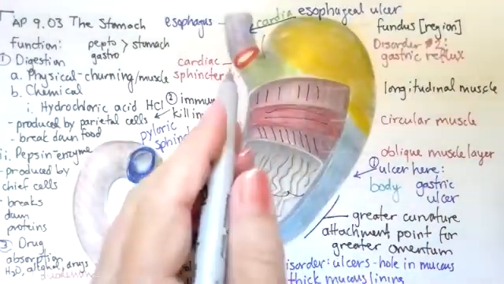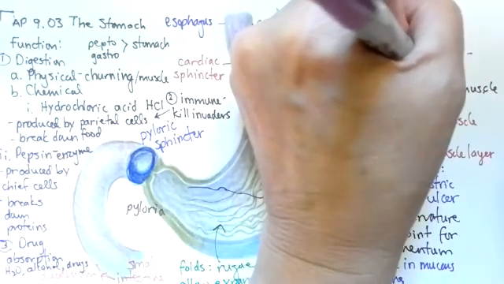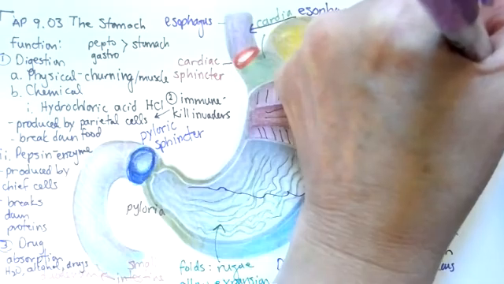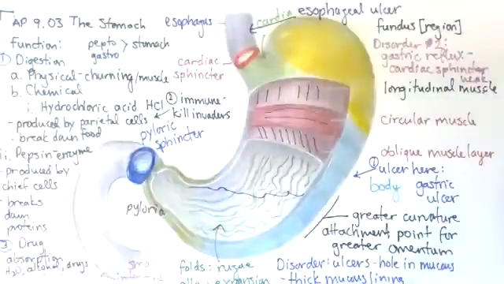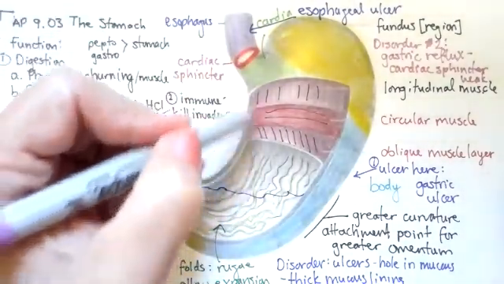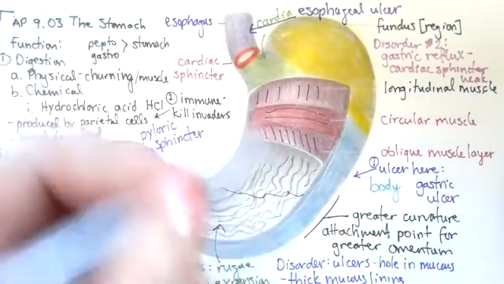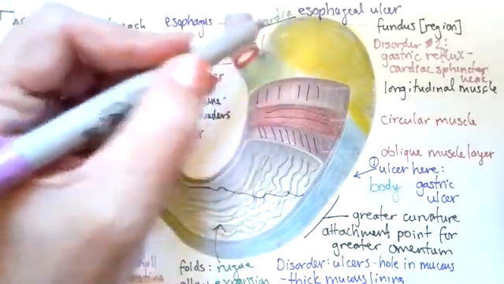This happens if your cardiac sphincter is weakened, and your gastric juice can get back up into your esophagus, which doesn't have this thick lining. Over time it can cause esophageal ulcers.